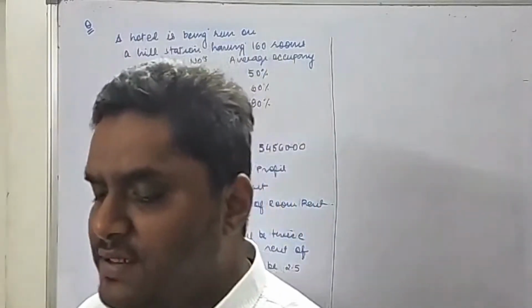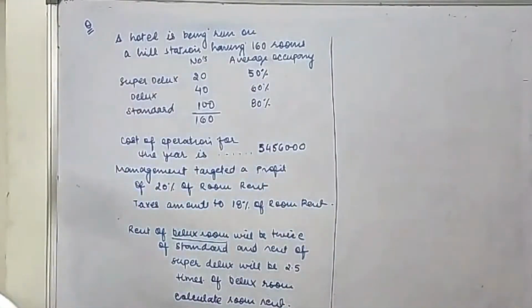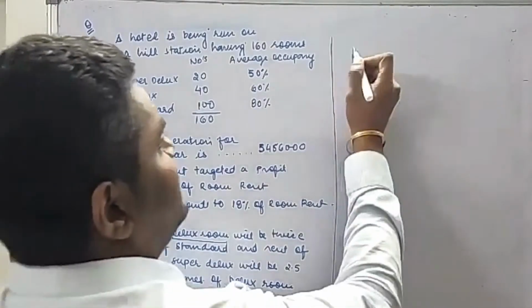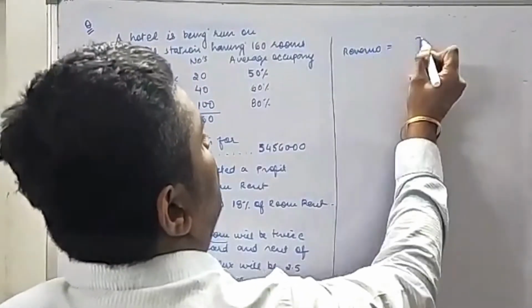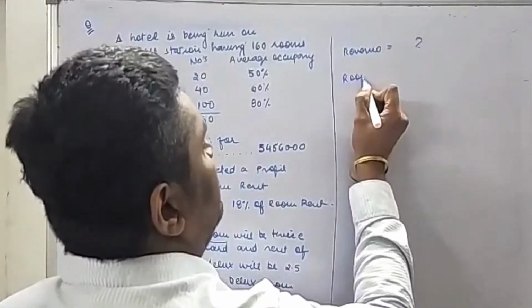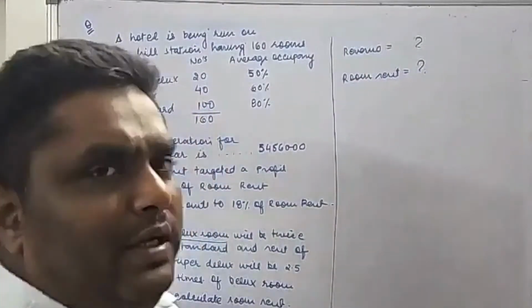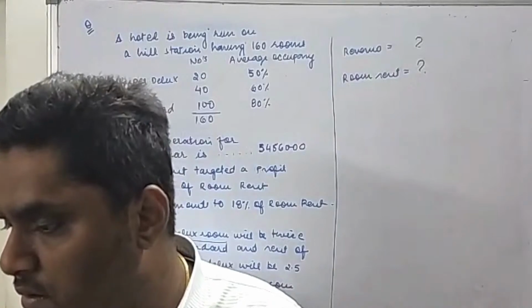You can post the answers as: first answer should be revenue and second answer will be room rent. So giving you 10 minutes time to post your answers, waiting for your answers.